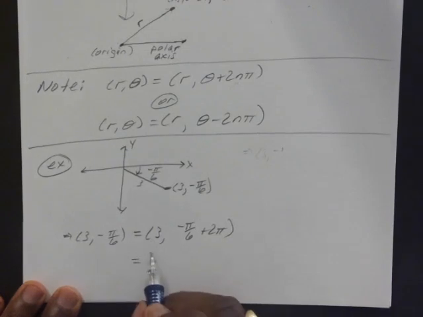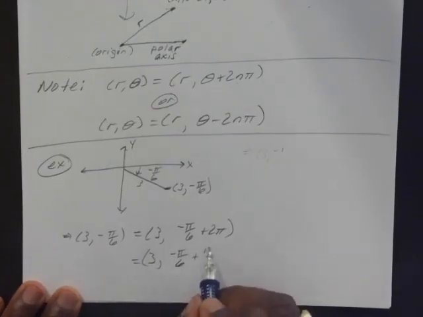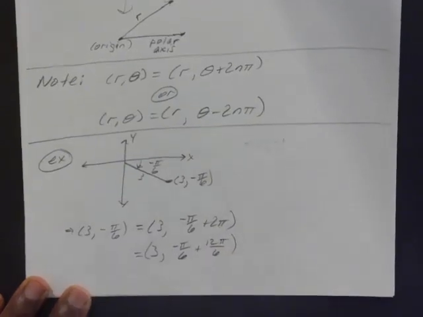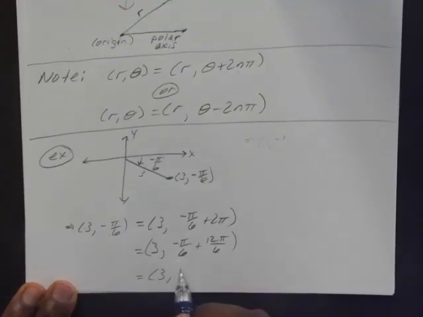So we could rewrite that as the radius of 3 and that negative pi over 6 plus 2 pi, we can make that 12 pi over 6. So the coordinate 3, negative pi over 6, we can rewrite as 3, 11 pi over 6.